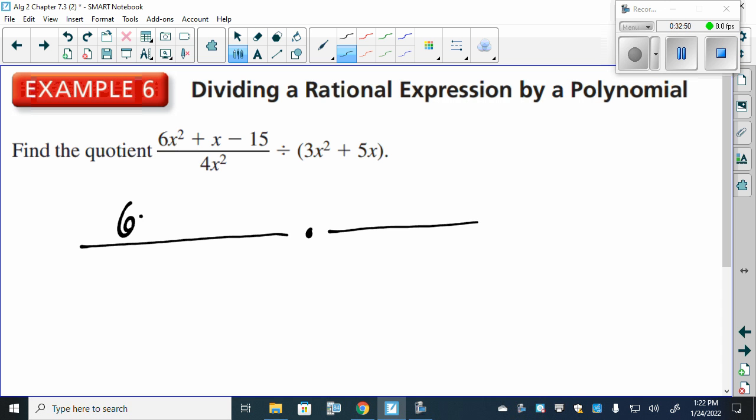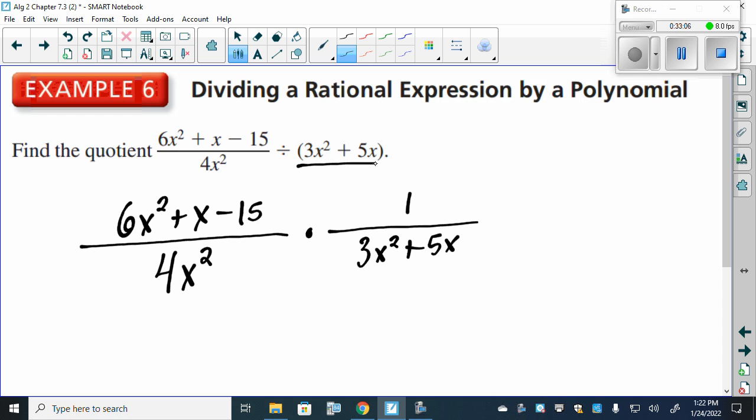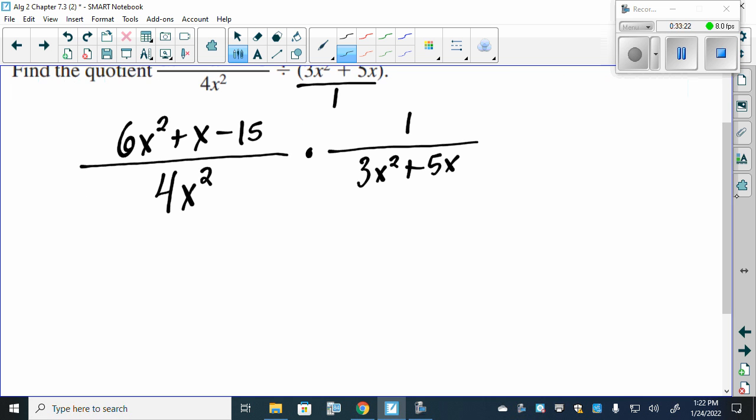So our first one is still going to be 6x squared plus x over 1, because the denominator, if it's not given, is understood to be 1. So for here, when we flip it, the 1 goes on top, and the 3x squared plus 5x goes on bottom.